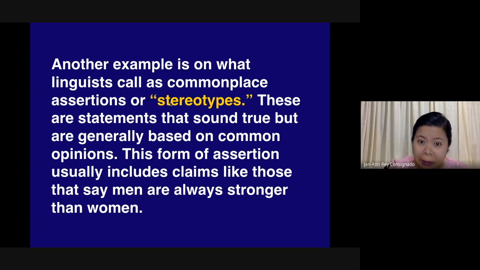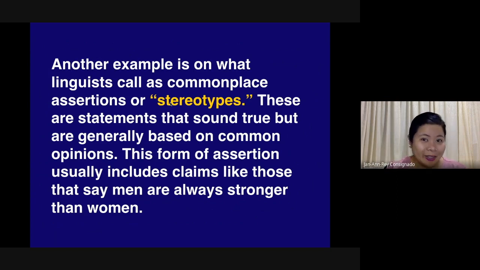These are statements that sound true but are generally based on common opinions, stereotypes. This form of assertion usually includes claims like those that say men are always stronger than women. That is stereotyping.